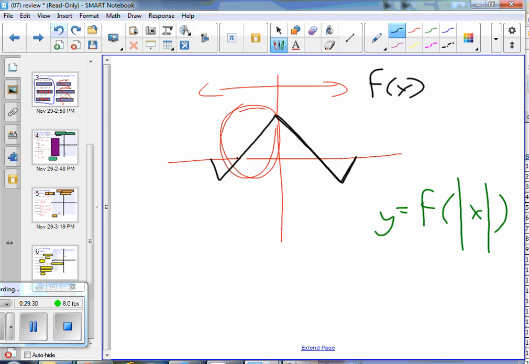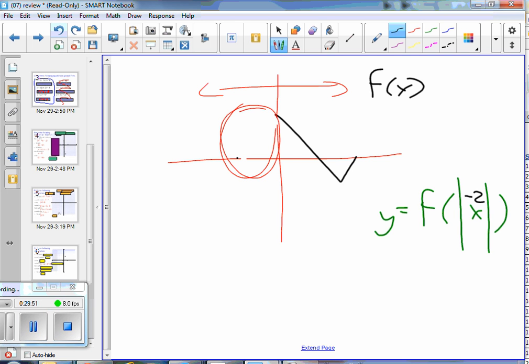Okay, now why? It's a really good question to ask. Why did it reflect over there? Do you get that f of x had an answer for every number I put in for x? Now when I put in negative numbers for x, it thinks, because it's absolute valued, that I put in positive numbers for the x.